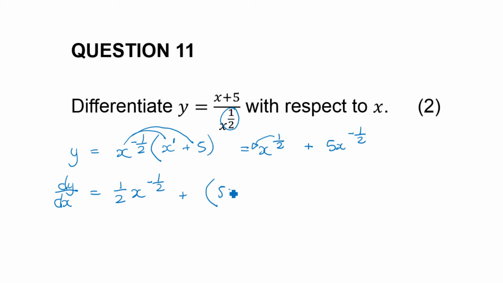So it's 5 times minus a half. And then you're left with? X to the power of minus half minus 1, which is minus 3 over 2. Okay, and now we can just simplify it very quickly. So we have a half x to the power of minus 1 over 2 minus 5 over 2 x to the power of minus 3 over 2.